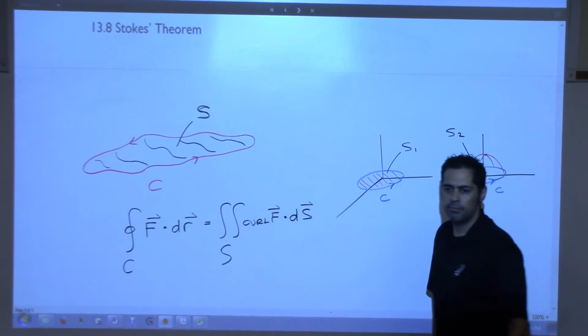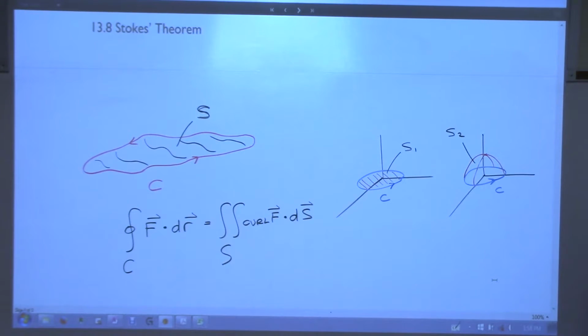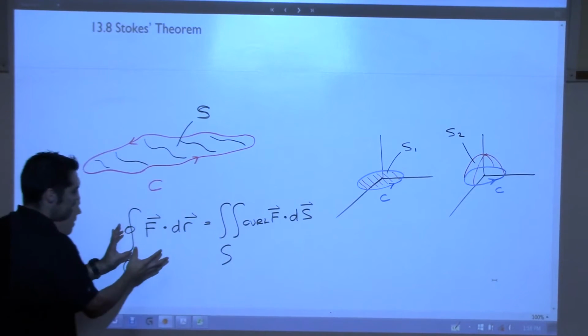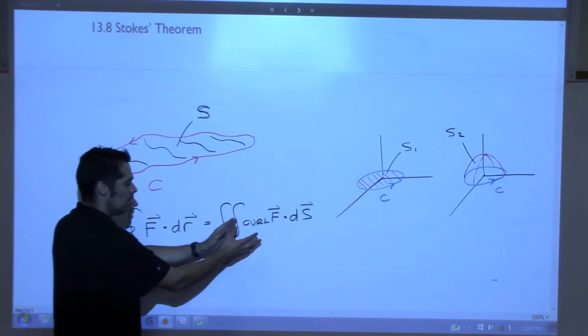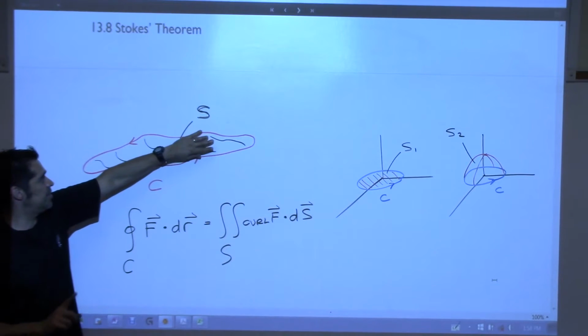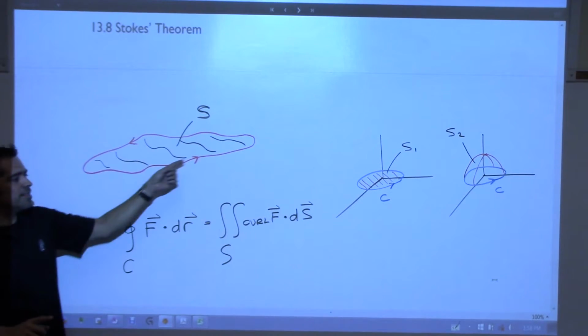That's Stokes' theorem. And the reason why this is kind of mind-blowing is because it's saying that to do this line integral, we convert it to a surface integral where the surface S is any surface that has that as a boundary.